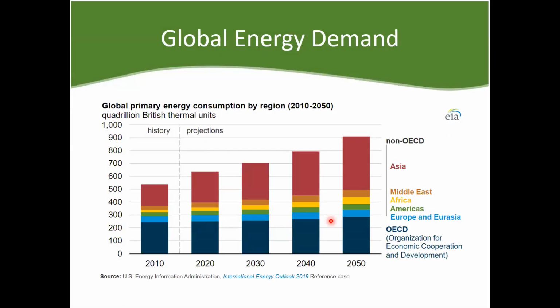We begin with an overview of the global energy demand and energy sources. This figure shows the global energy demand historically and the future projection. What's the general trend of the energy demand? It's increasing. The main reason why we demand more energy, of course, is the increasing population and also the lifestyle changes.